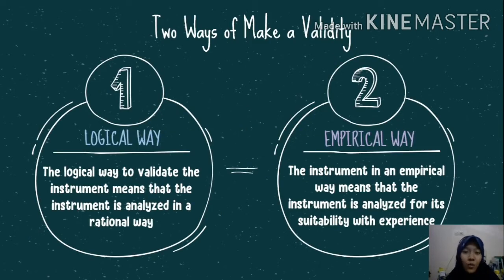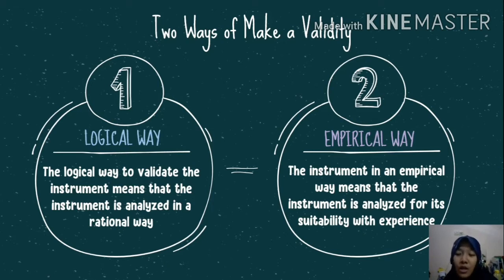There are two ways of making a validity. The first is a logical way and the second is an empirical way. The logical way to validate the instrument means that the instrument is analyzed in a rational way, and an empirical way means that the instrument is analyzed for its suitability with experience.